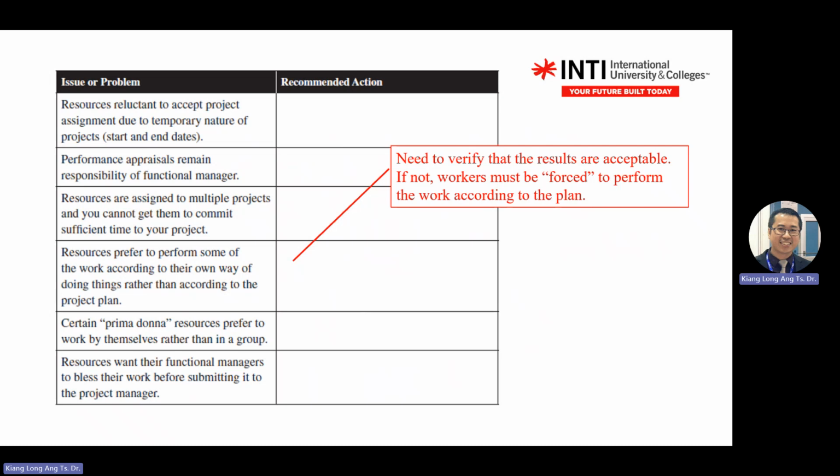For example, in India, if you work in India, you can fire any staff you want on the same day. You can ask them to leave on the same day if they do something stupid. But you cannot do it in Malaysia. You cannot do it in the US. You need to give a reason.